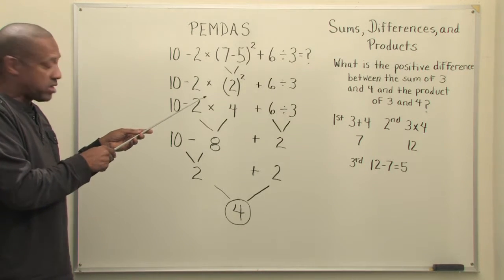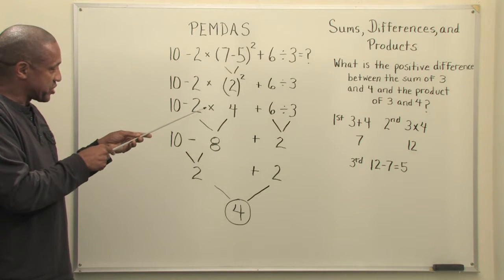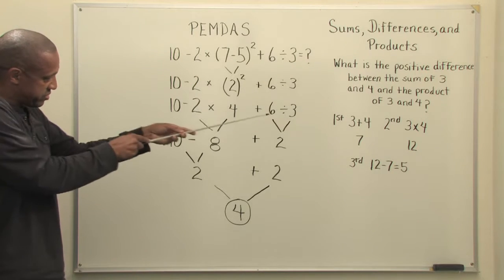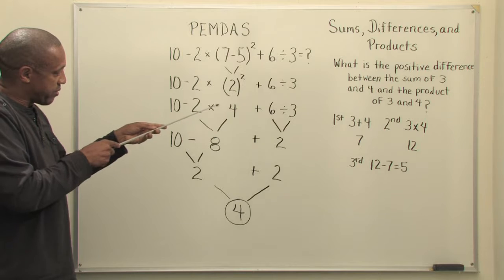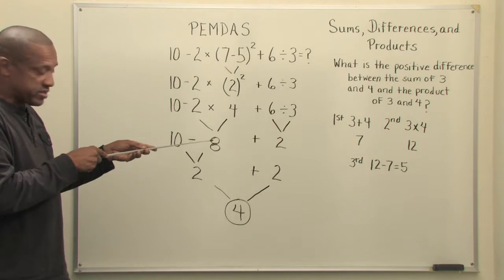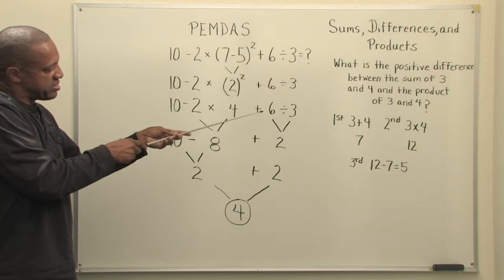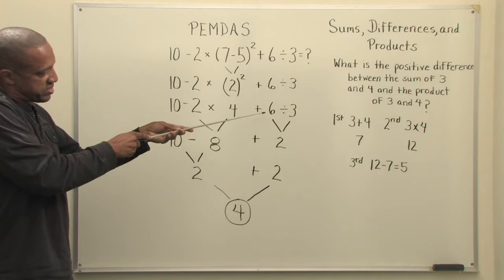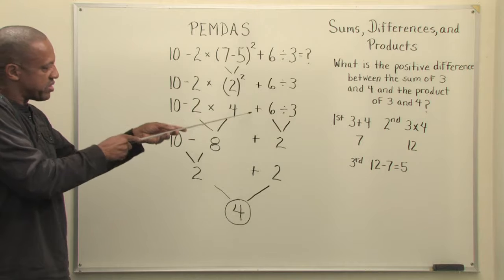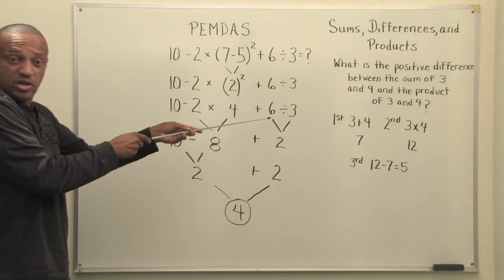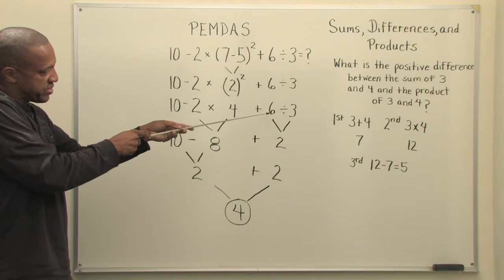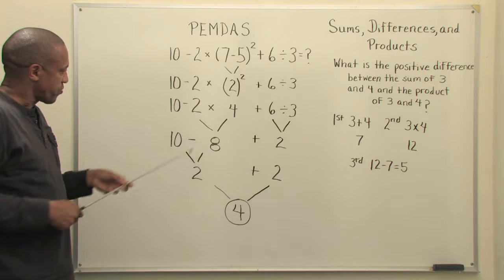The next thing we do is multiplication, because this is to the left of division, and 2 times 4 gives you 8. Bring down the 10 and the minus sign. Sometimes I like to put 6 divided by 3 again here, but since it's left to right, I can go ahead and divide now. 6 divided by 3 equals 2, okay?